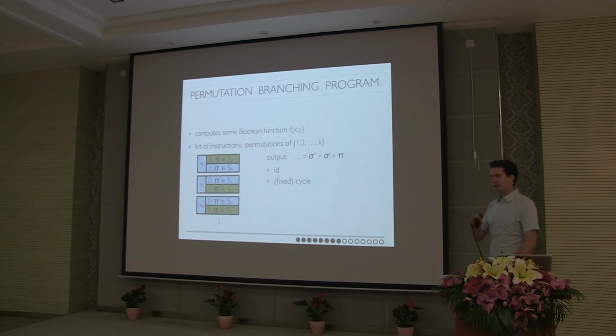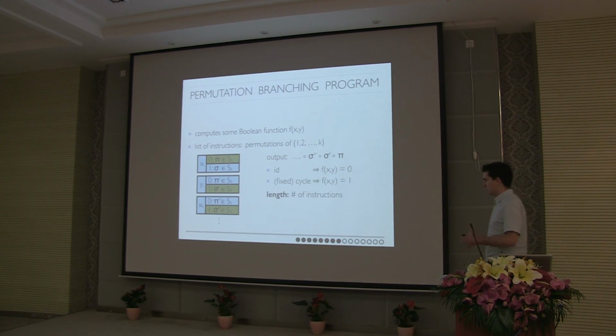Don't worry, there's going to be an example on the next slide. We say that if the product of all these permutations is the identity, then the function output of f on these inputs x and y is 0. And if it's this fixed cycle, then the output is 1.